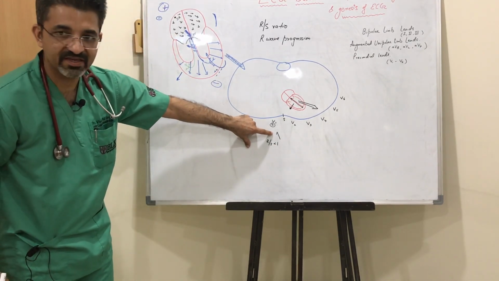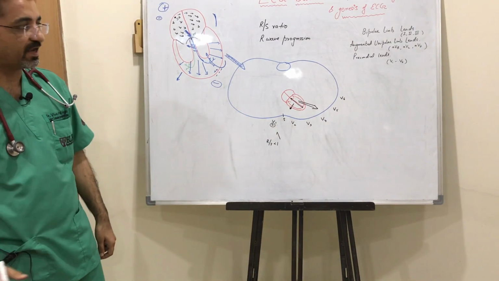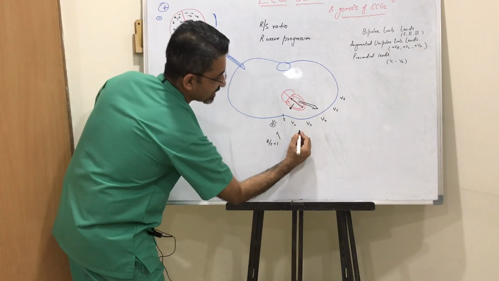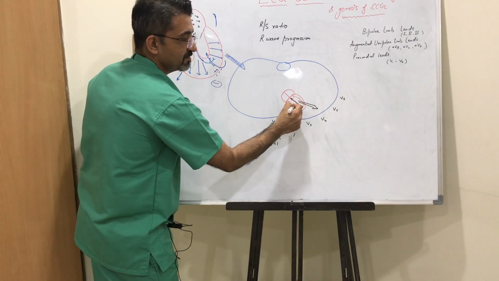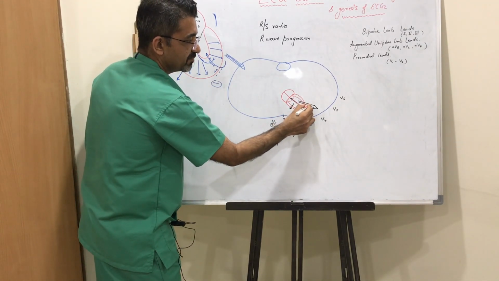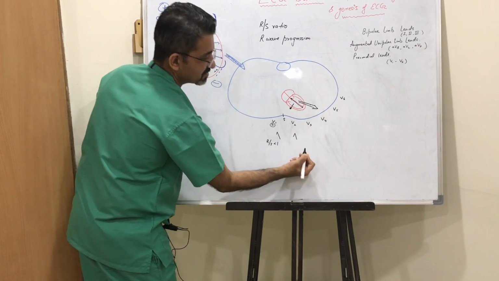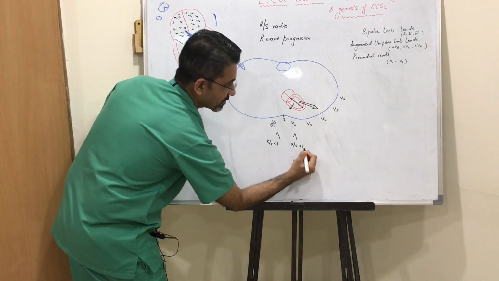There is a small R wave and a deep S wave in lead V1. Now just follow this. In V2, you will again have an R which is slightly bigger because it is nearer, and the S will be slightly less deep, but still R by S will be less than 1.